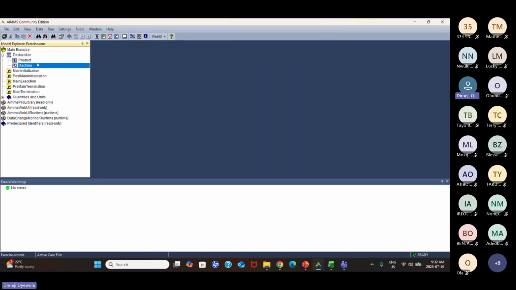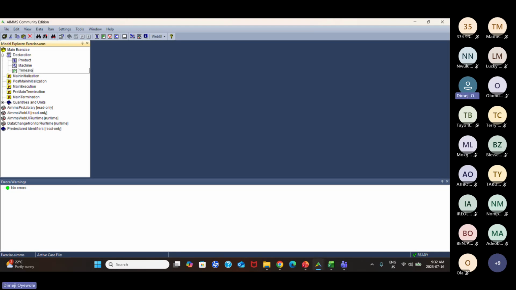The next thing is the parameters. Here we have, how many parameters do we have? We have 3 parameters, right? The first one is the total time available.